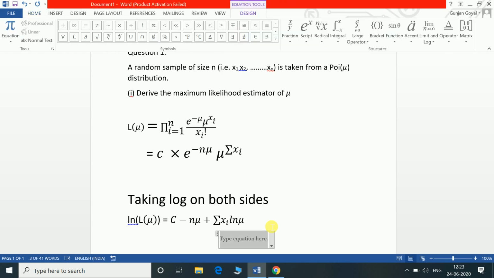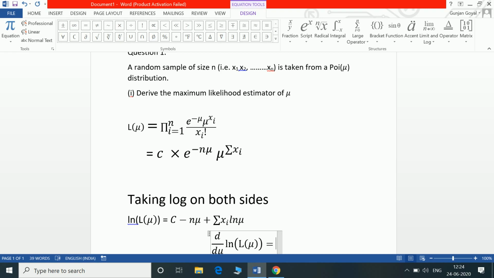Then I take a differentiation on both sides. I'll write Alt equal to, I write d, and I'll write d by, put a space, d backslash mu. So d by d mu, and I'll copy this entire thing because I'm taking a differentiation of this value. I won't waste time, and put equal to.